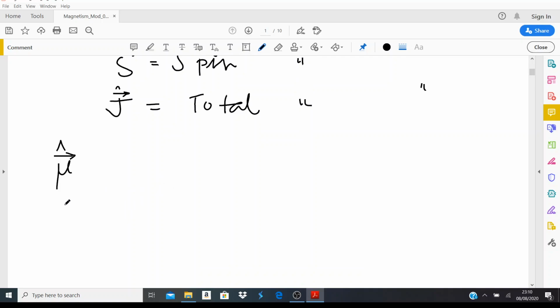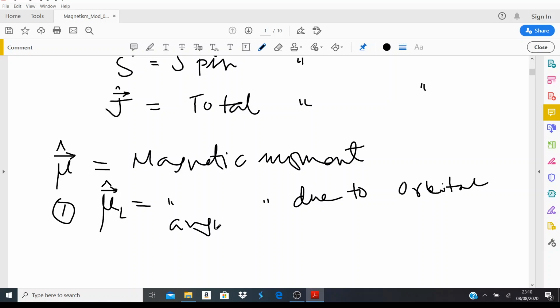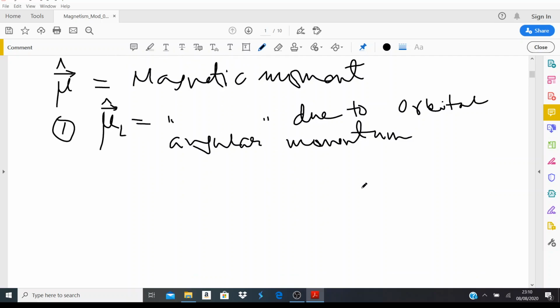So the first thing to note is that mu is a general notation for the magnetic moment. And the subscript L is denoting here that this is a magnetic moment due to orbital angular momentum, right? So how do we relate the orbital angular momentum with this mu L?